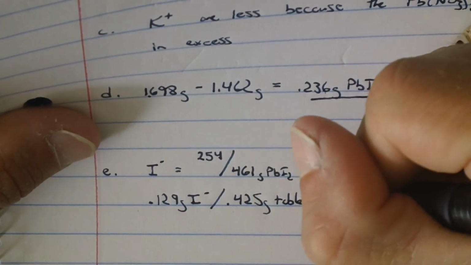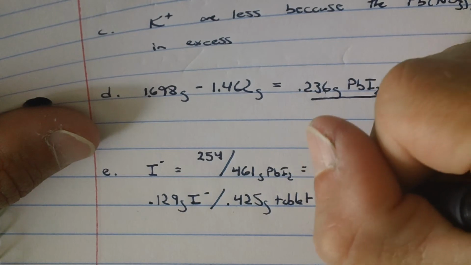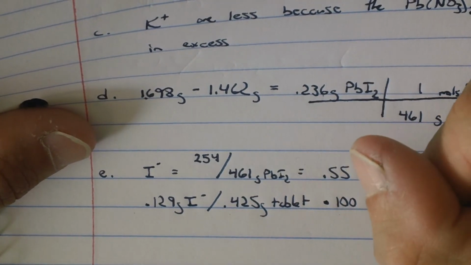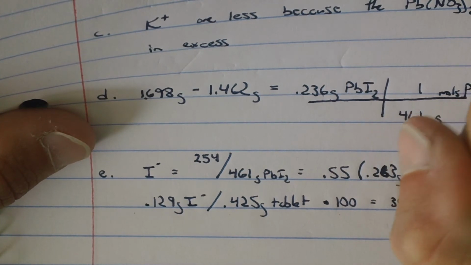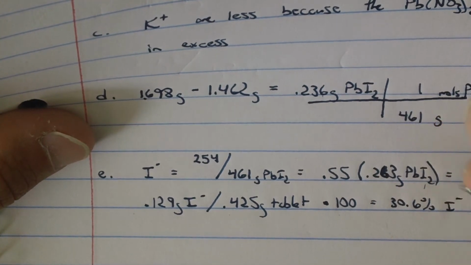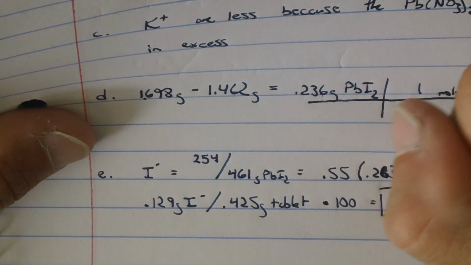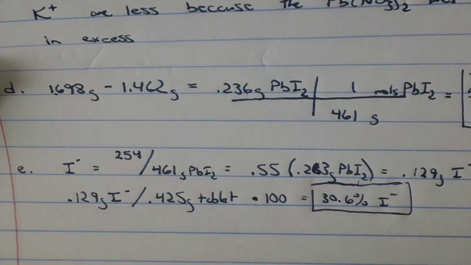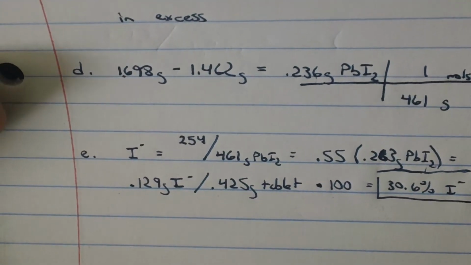If we divide those and multiply by 100, it will tell us the mass percent, which is 30.6% iodide in the original tablet. What's the rest of it? It's a bunch of the filler, right? The sugar filler is the rest of it.